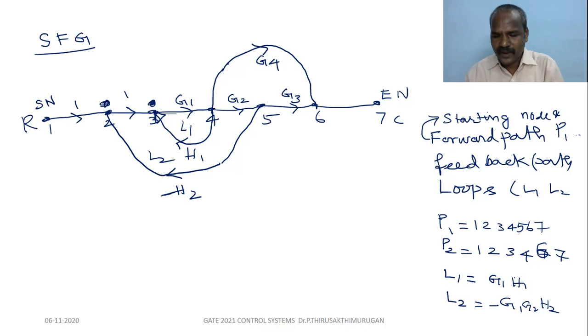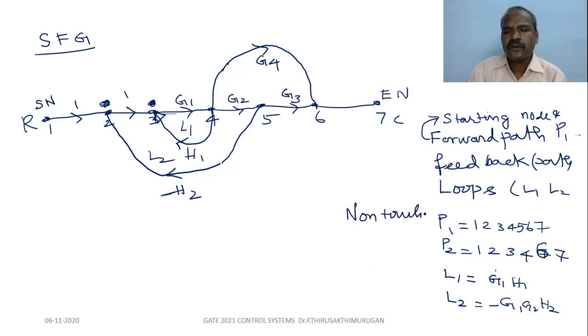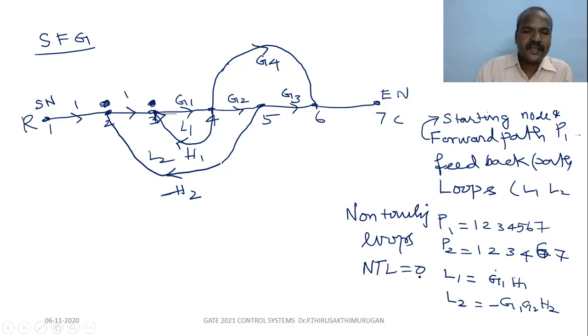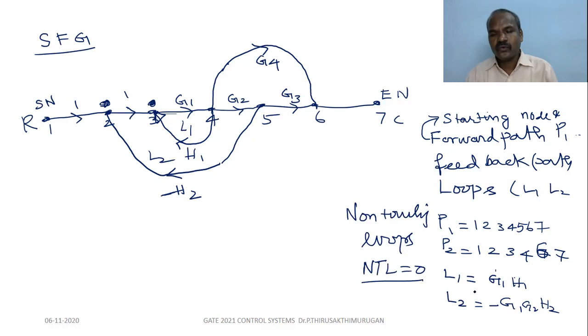You find the common term between these loops: G1 and G2 gains are common to both. So next is finding the non-touching loops. Non-touching loops, NTL equal to 0 here, since the two loops are touching each other.